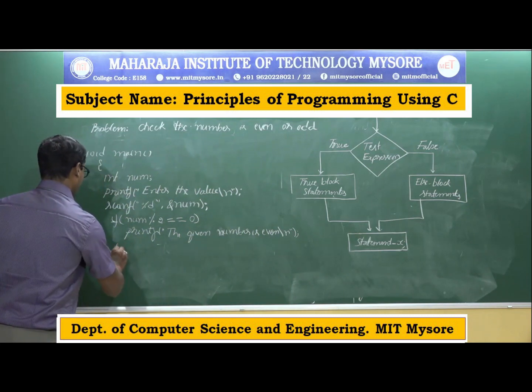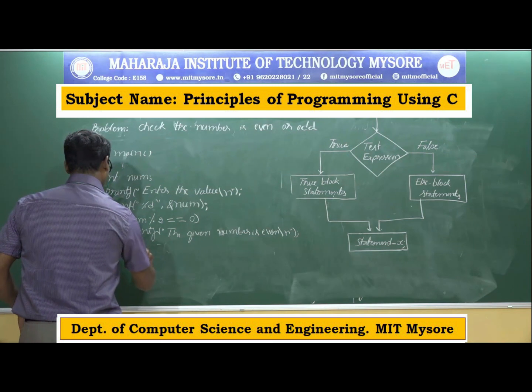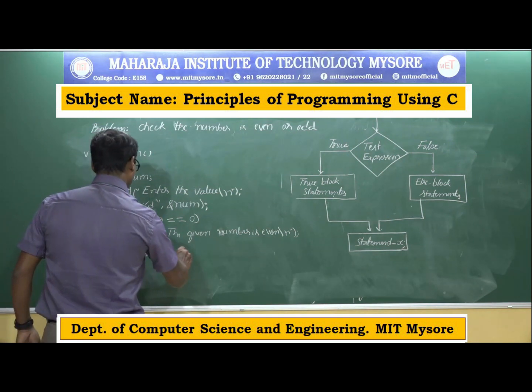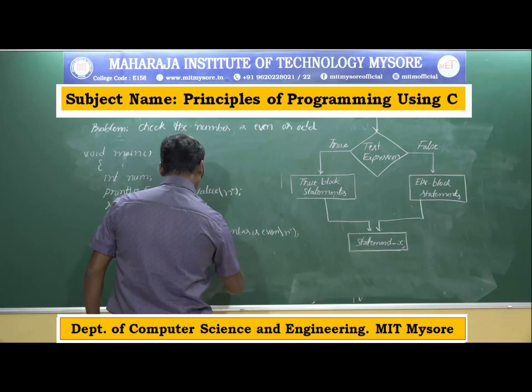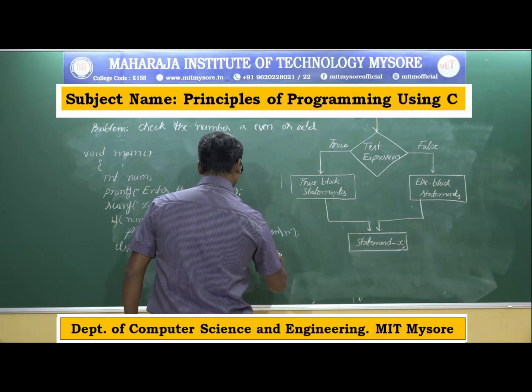Else, if the condition is false, printf "given number is odd".